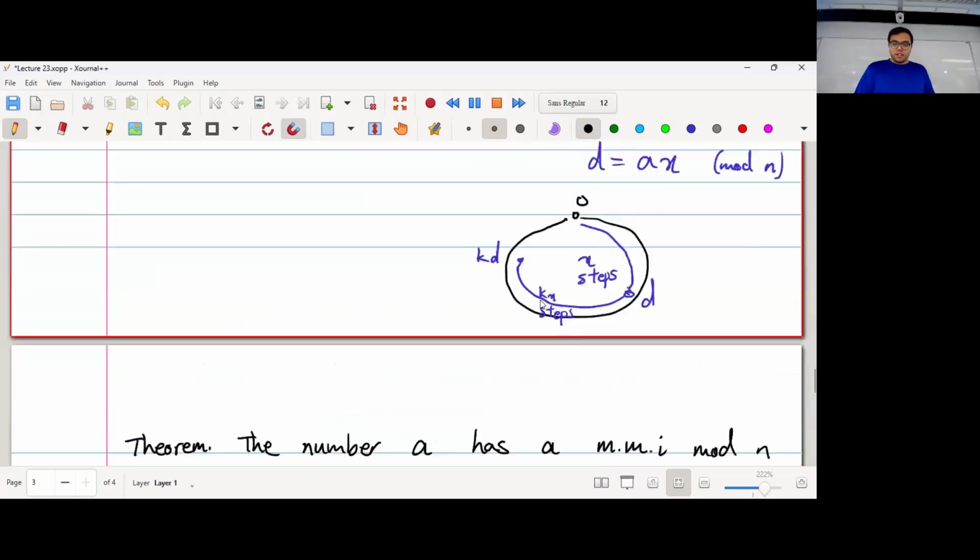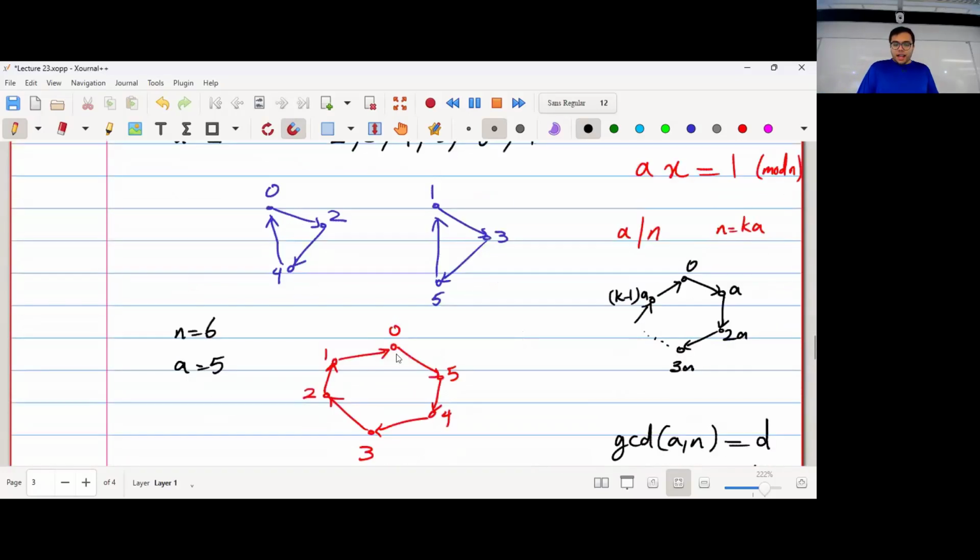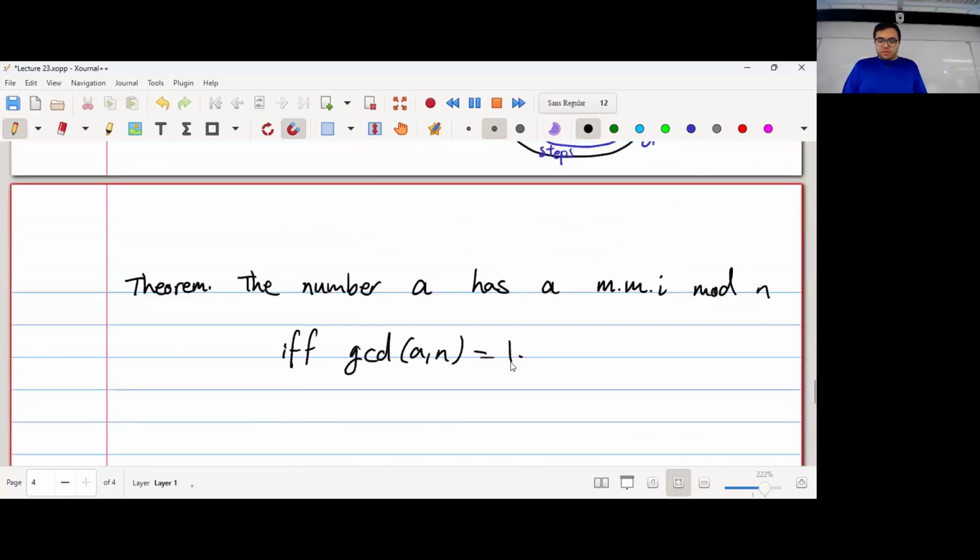Okay. Because I said I have an inverse if 0 and 1 are in the same cycle, but if 0 and 1 are in the same cycle, then everything is in that cycle. Because I have 1 in that cycle, so I have 2, I have 3, everything is in that cycle, right? And so the GCD should be 1.